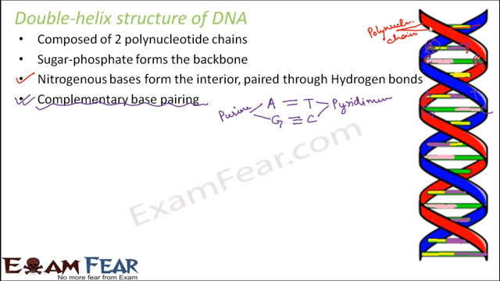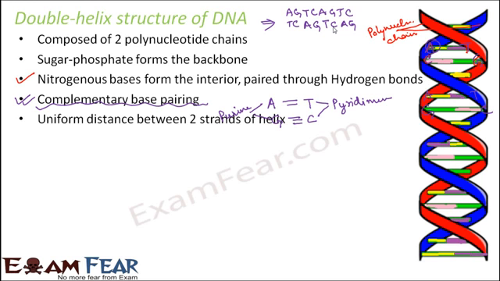For example, if on the first strand the bases are located in this order, what would be the sequence of bases on the other, complementary strand? Of course you can find it out like this. This would be the sequence of bases on the complementary strand. So complementary base pairing is an extremely important feature of the structure of DNA.